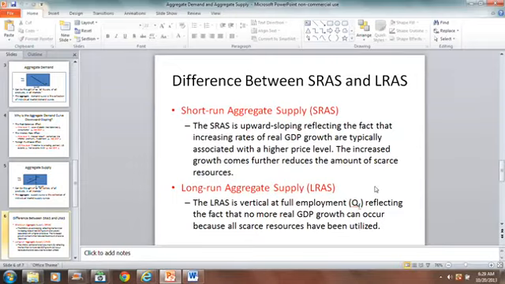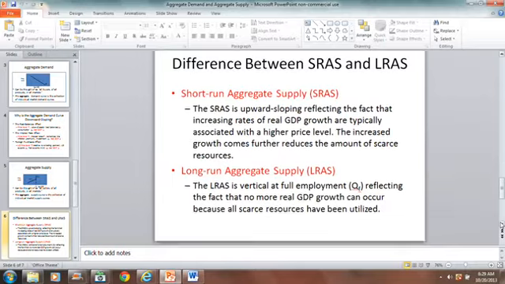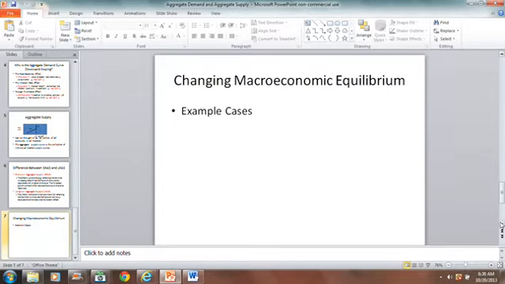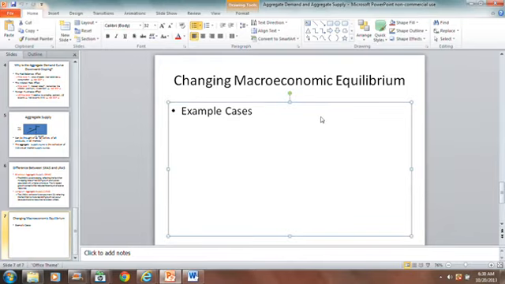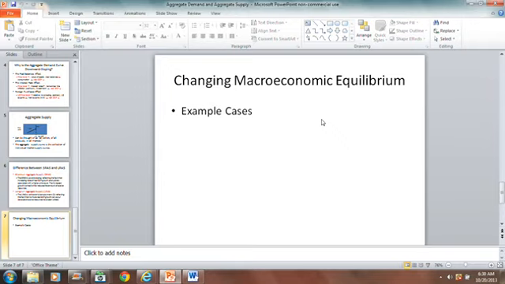There are no more resources currently to devote to productive activity, and so the aggregate supply curve becomes vertical in the long run. Alright, so if you take the aggregate demand curve and the aggregate supply curve and put them together, you can create cases, and these cases will allow us to look at what is called changing macroeconomic equilibrium.